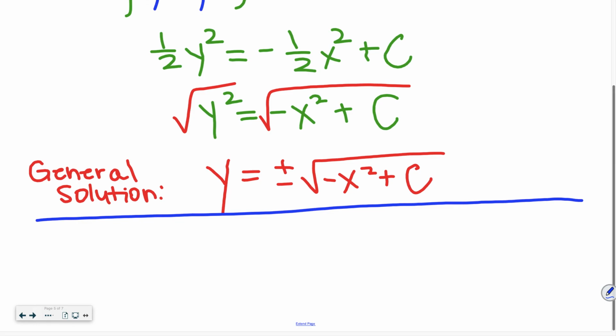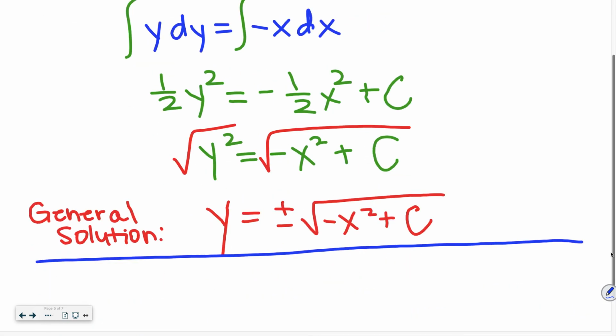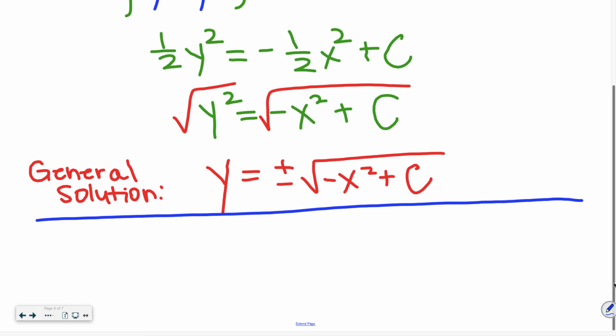Well played, Alex. We have a positive y value, so we need to pick the positive radical. If this were a negative y, we would be picking the negative radical, so that would match. So since it's positive, we can pick the positive. So was it 4 for the y and 3 for the x?